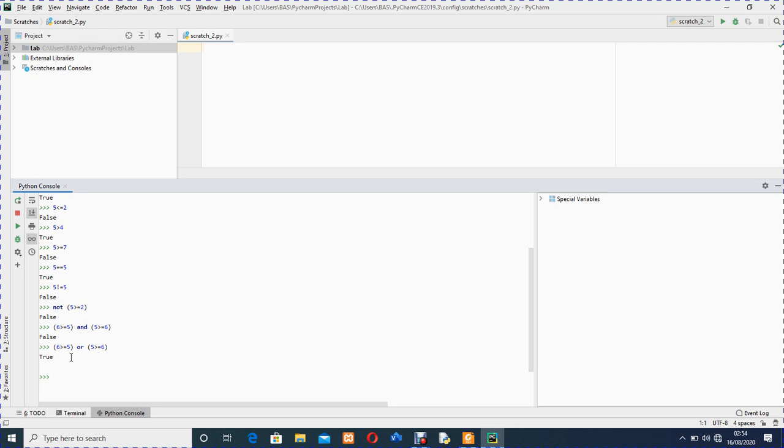You see, for the OR operation, whenever one of the conditions is true, it will execute true, or both of the conditions are true, it will execute true.